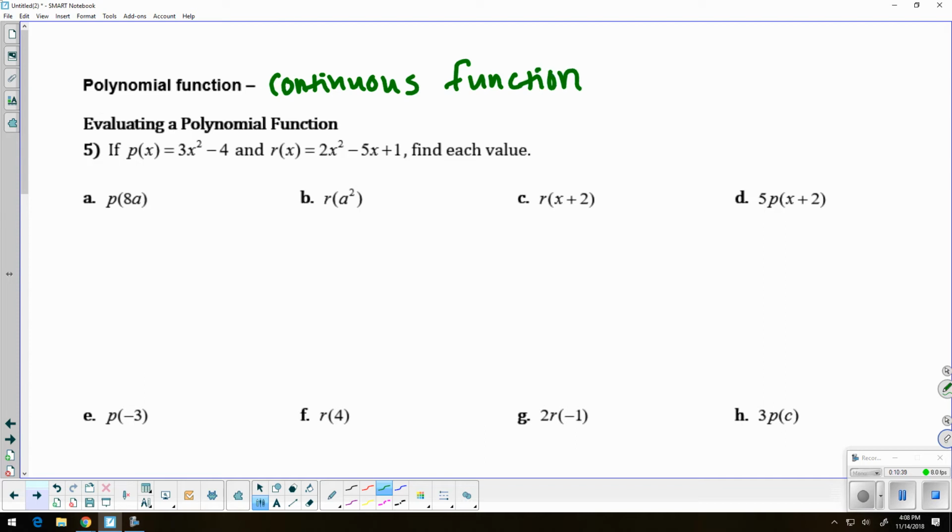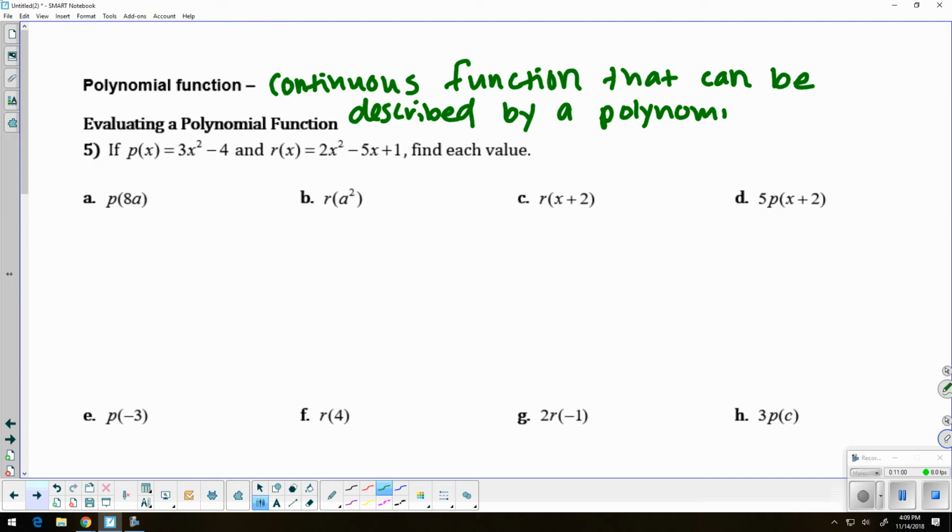It means you have an infinite number of elements in your domain that can be described by a polynomial equation in one variable.